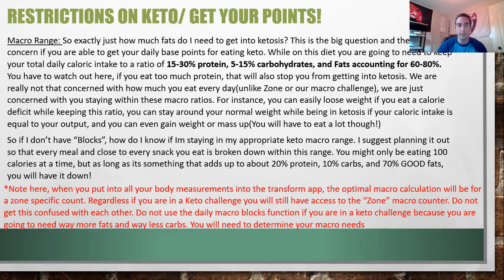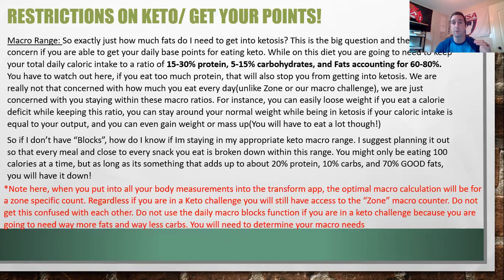So real quick note here, when you're using our app to calculate your optimal macro calculations, that is for your Zone diet only, our Macro Pro Challenge. All right, so if you use that daily block tracker, you're not going to be in this keto-specific range, okay? You're not going to be getting anywhere near enough fats.